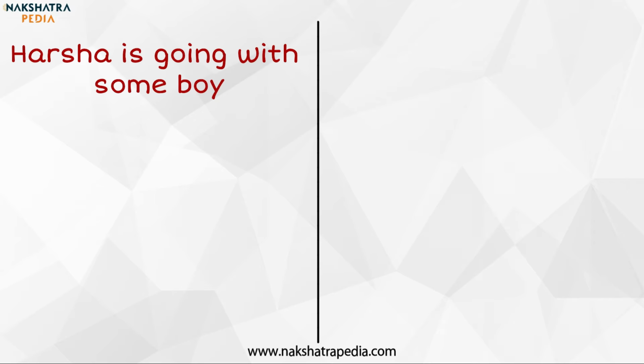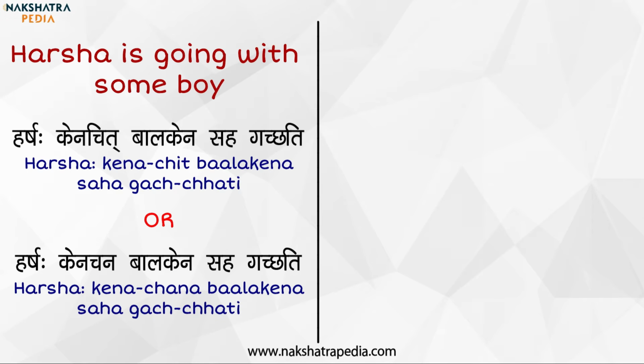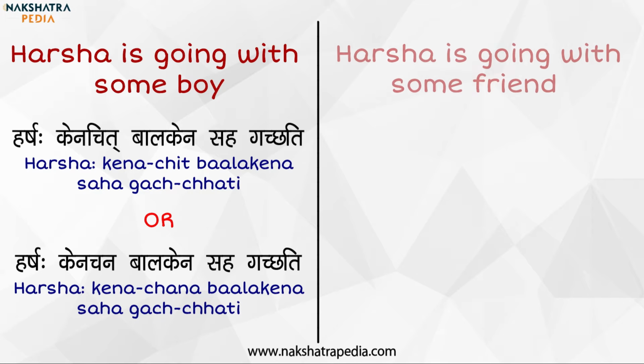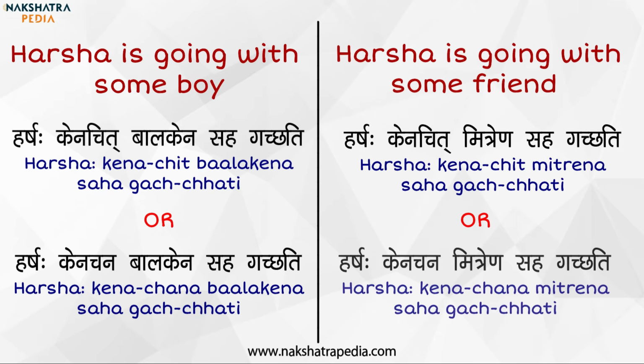So if it is Harsh is going with some boy, we say Harshaha kenachit or kenachana balakena saha gacchati. And if it is Harsha is going with some friend, then we say Harshaha kenachit or kenachana mitrena saha gacchati. So the forms kenachit and kenachana will be the same, but the object or person it is applied to can help spot the difference easily.